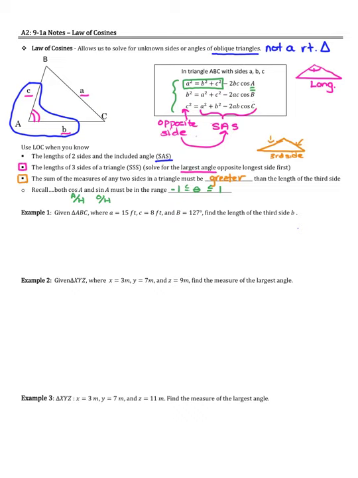So it all depends again on what your reference is. If you're trying to find little a, then I would be using this first one. If I was finding little c, I would use the last one. So it all depends on which side you're finding. They're just variables. Okay, so it's more about the relationship.